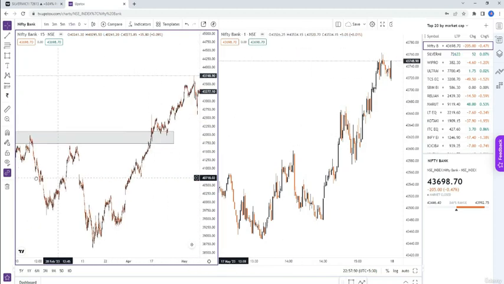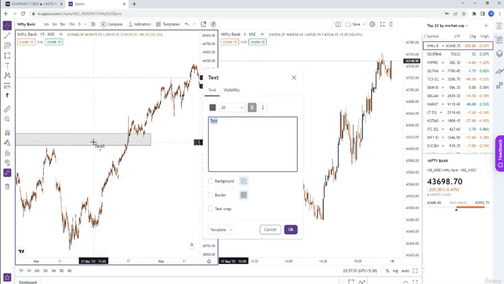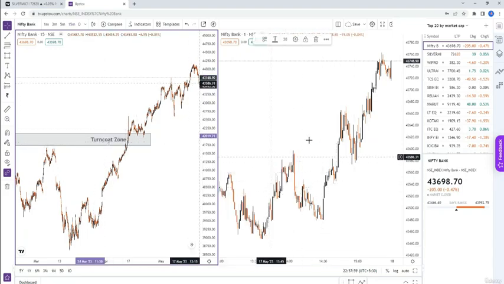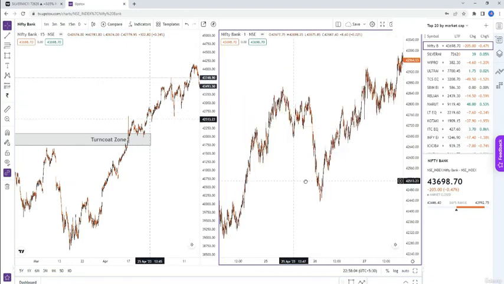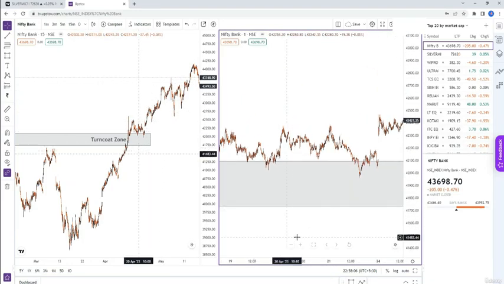This is my turncoat area, this is my turncoat zone. So price came to my zone.